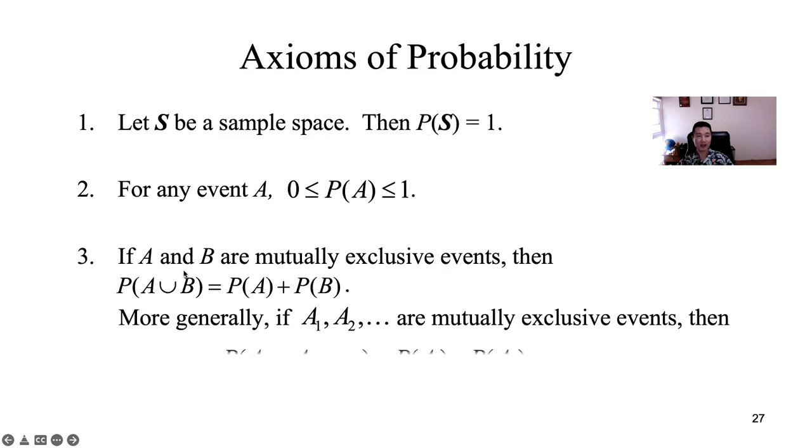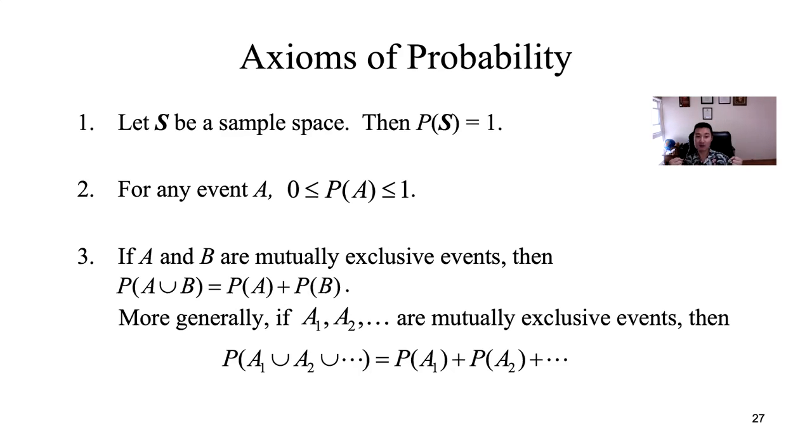If events A and B are mutually exclusive, then P(A ∪ B), where the half circle facing up is union or, is equal to P(A) plus P(B). This equation holds true when A and B are mutually exclusive.